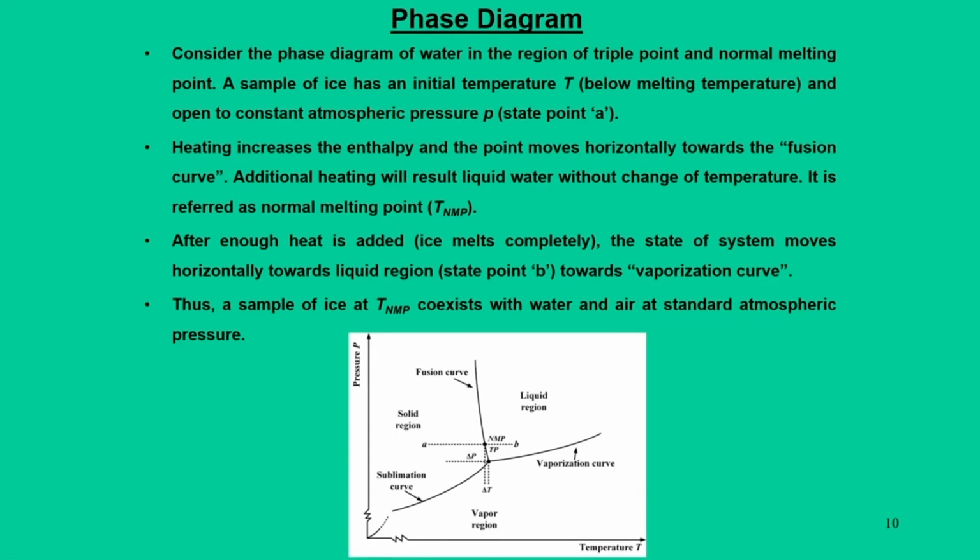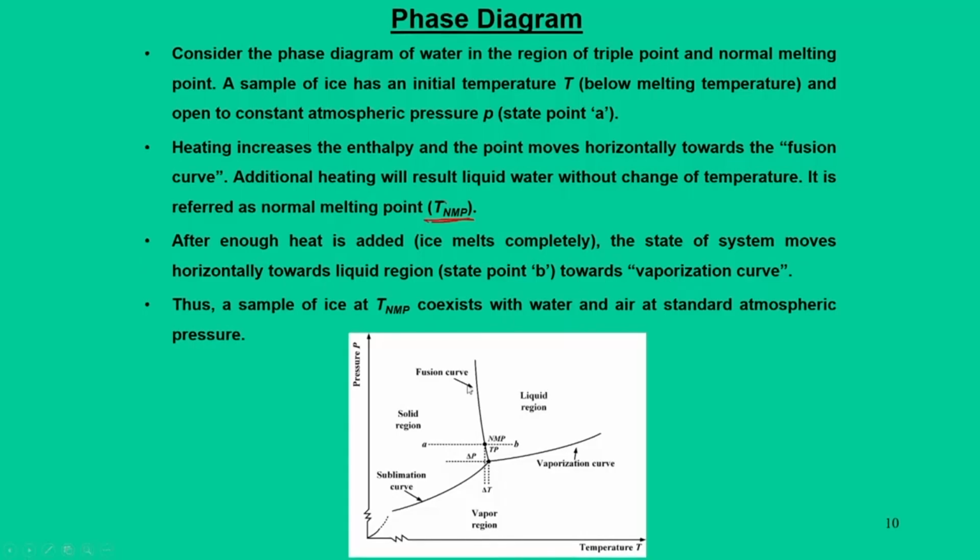At that point we say that we are reaching the normal melting point, which is called TNMP, and ultimately when enough heat is added and the ice melts completely, the state of the system moves from the fusion curve to the vaporization curve.